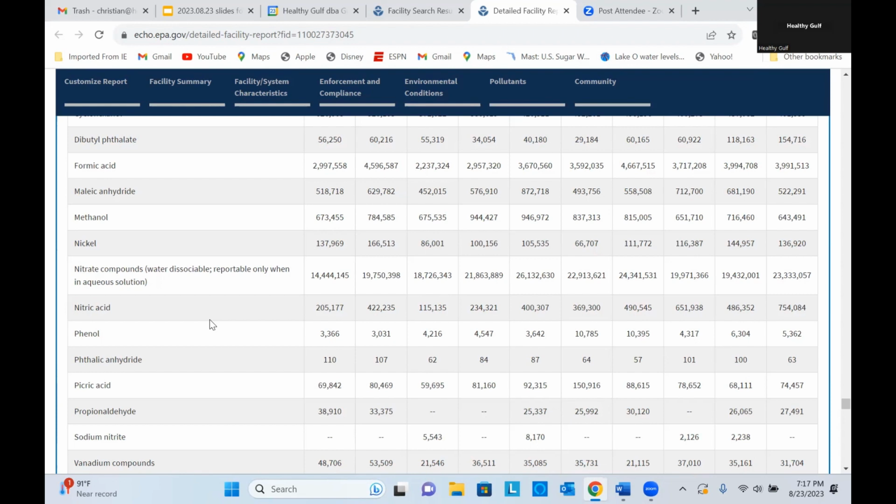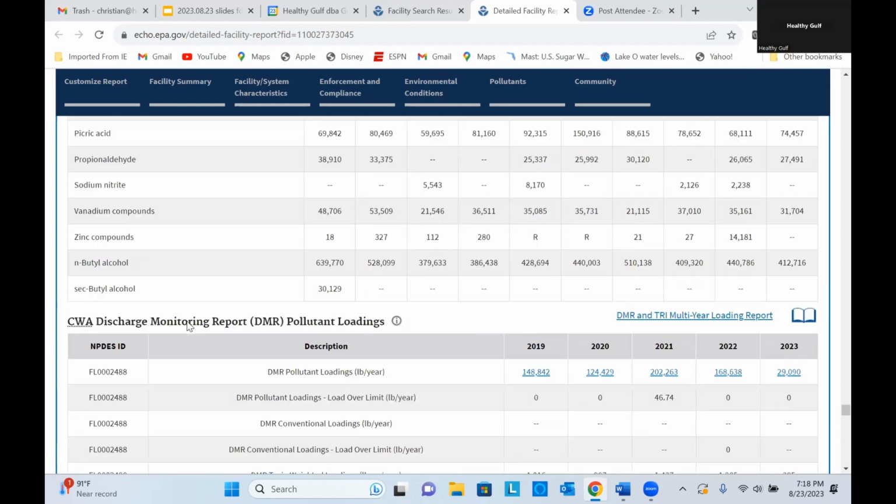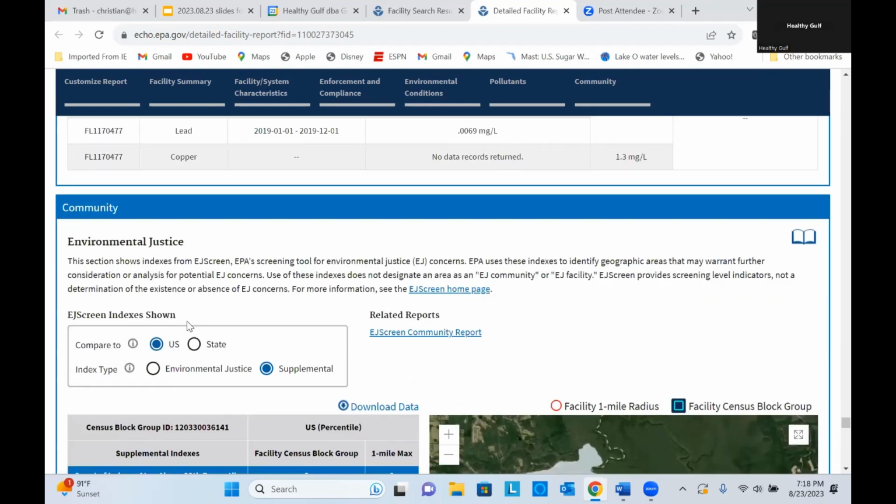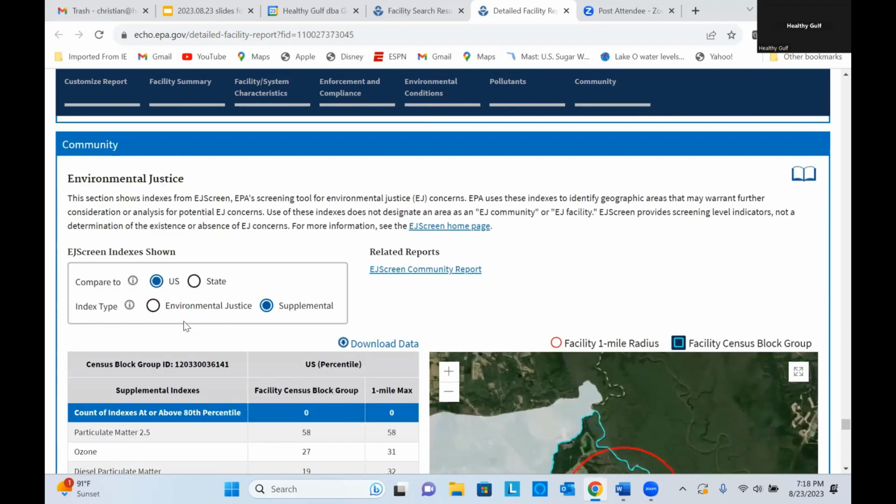If this one facility wasn't in Escambia County, we wouldn't be anywhere close to the top of the list. But this facility discharges such a huge volume, mainly those nitrate compounds, that it makes us one of the top discharging counties in the nation, even though at first glance you don't see that much industry here compared to when you go through Texas or Louisiana or New Jersey or someplace else.